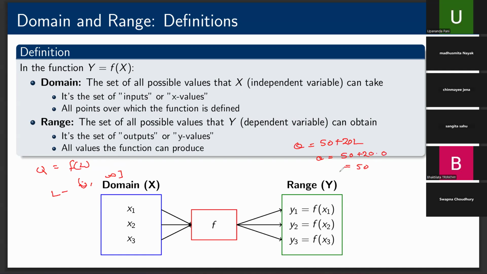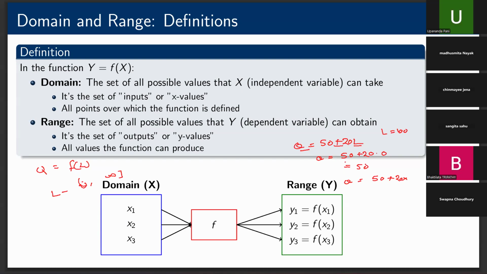It is clear that the positive sign indicates that if L increases, Q will definitely increase. So the minimum value of Q is 50, then it will keep increasing. If my maximum labor capacity is 100, what is the maximum output? Q will be 50 plus 20 into 100.